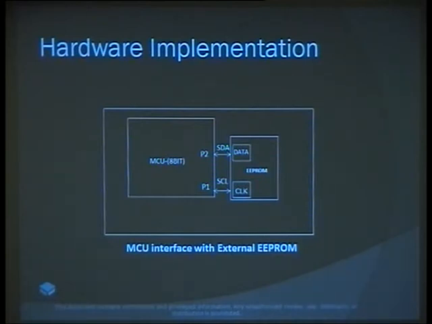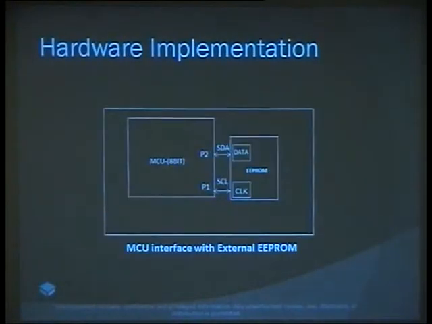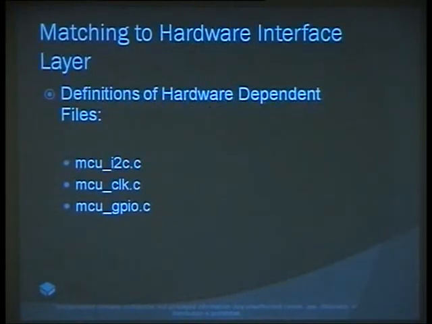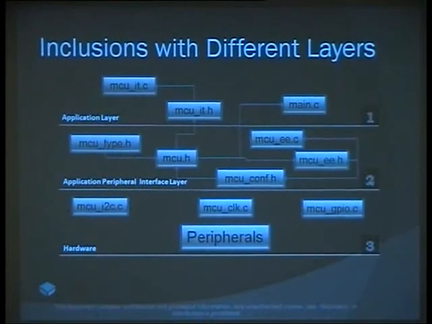Okay, where is the PWM interface here? No, this is just an example. This is not a PWM example, but a PWM example will be very similar to this I2C example. See, because this is the I2C peripheral you have. So you look here, we have the I2C peripheral here.